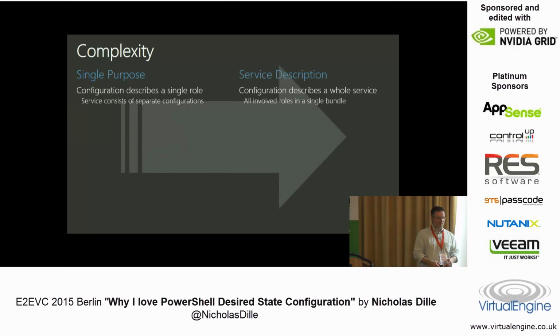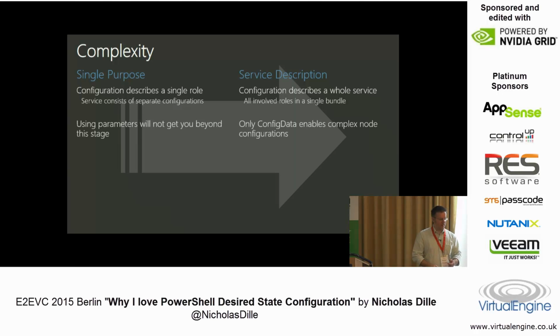So if you want to use node configurations that look a lot more like service descriptions, and that's what Ian did yesterday, he had a large configuration and individual parts for StoreFront, for the XenApp delivery controller, for the session host. And the configuration data is, let's say, a description of your environment that you want to create using your configurations.